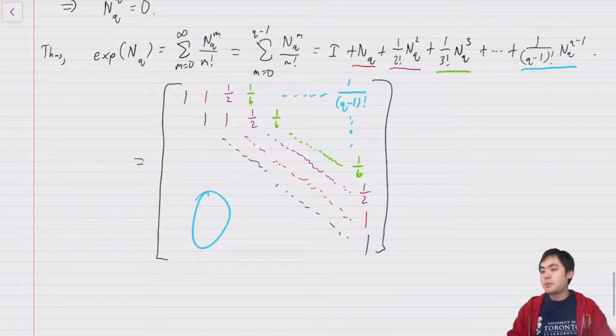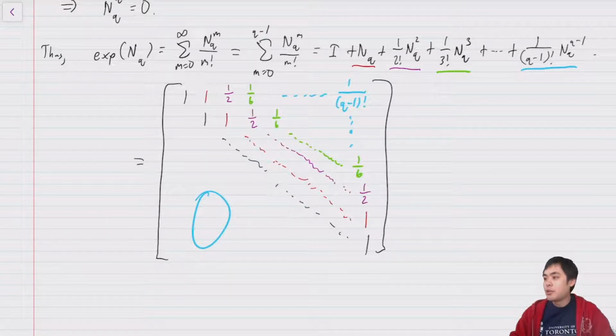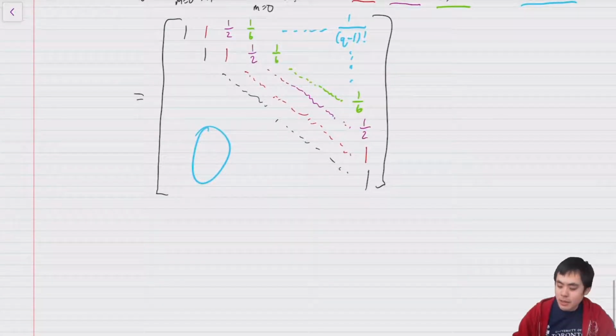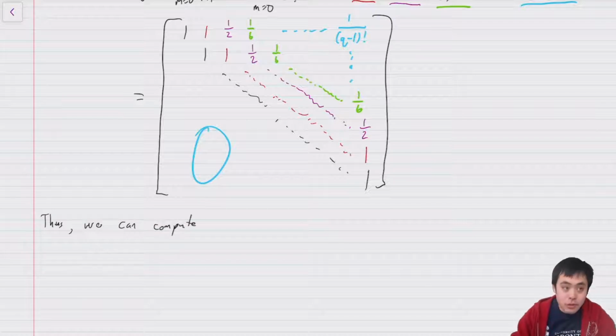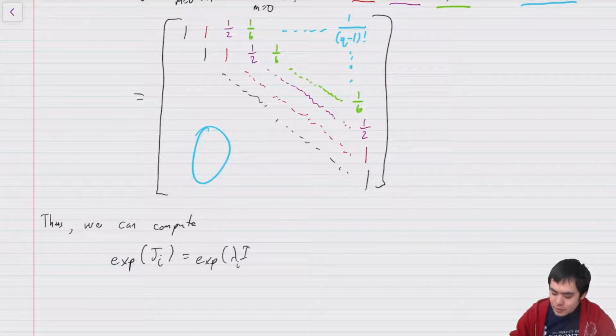So this allows us to explicitly get the exponential of this particular nilpotent matrix. We are now able to compute, though it's a little bit of a pain, the exponential of a Jordan block, Ji, which is equal to the exponential of lambda I times the identity.